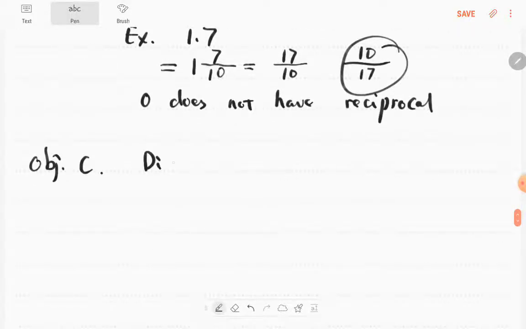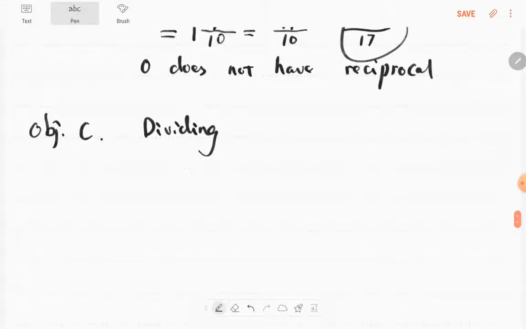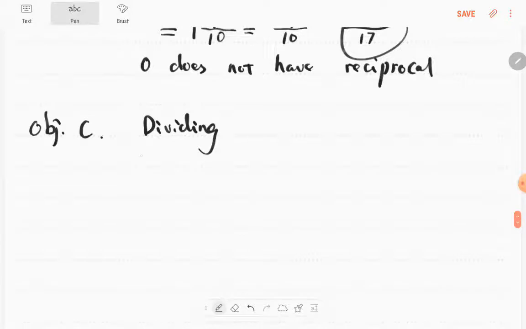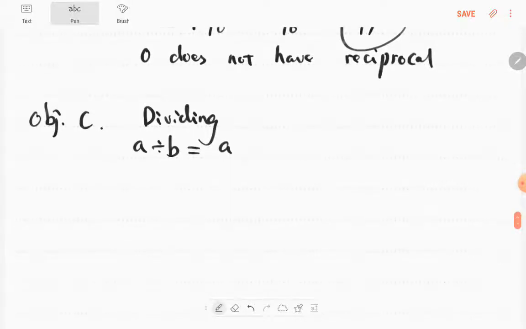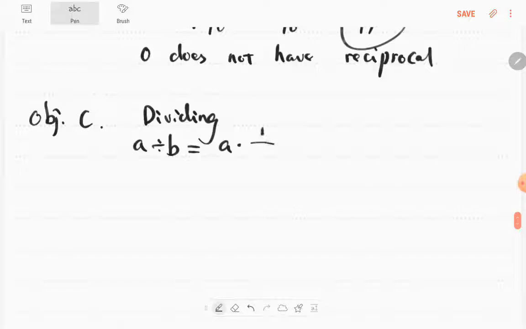Now let's talk about dividing. So that's the basic rule for all the real numbers. If A divided by B, we can treat it like A times the reciprocal of B. Okay, let's check the example.